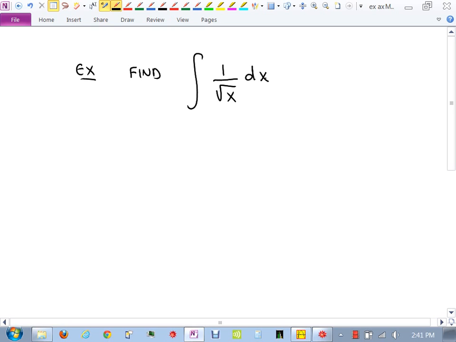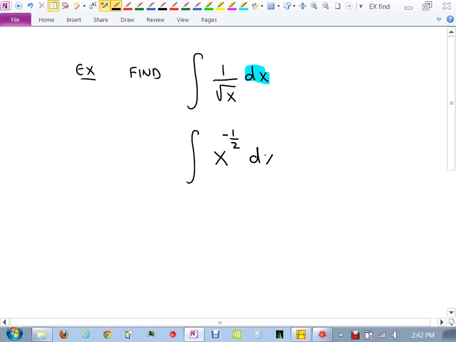That's all that means. This dx right here, don't get all freaked out by that. All that dx really does for you right now is just keep track of your variable. Okay, your variable in the problem is x. So you're really trying to find the antiderivative of x to what power?